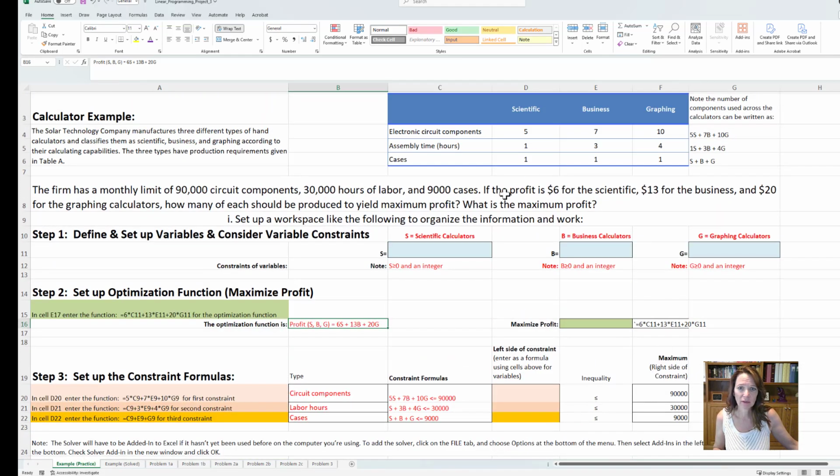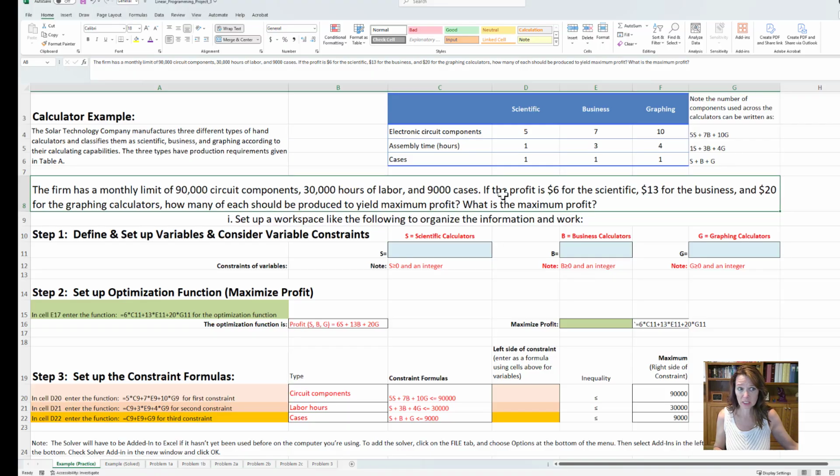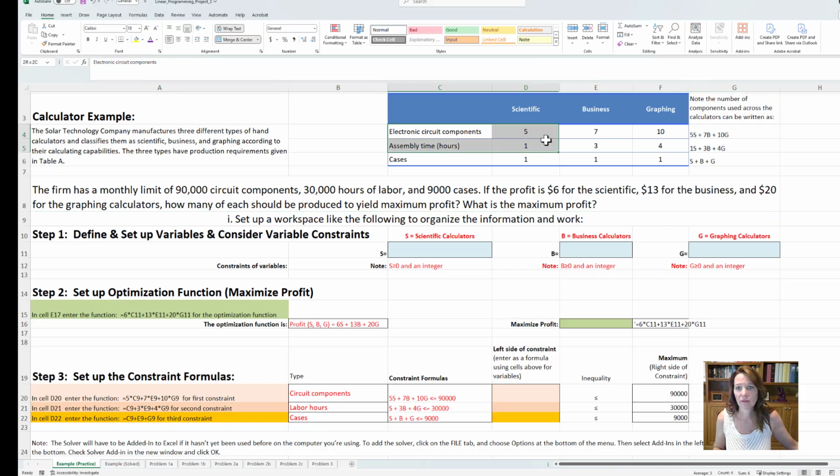We also were given some constraints. For example, we have a limit of 90,000 circuit components. So with our first row there being how many circuit components per calculator, we want 5S plus 7B plus 10G is less than that maximum of 90,000 components.